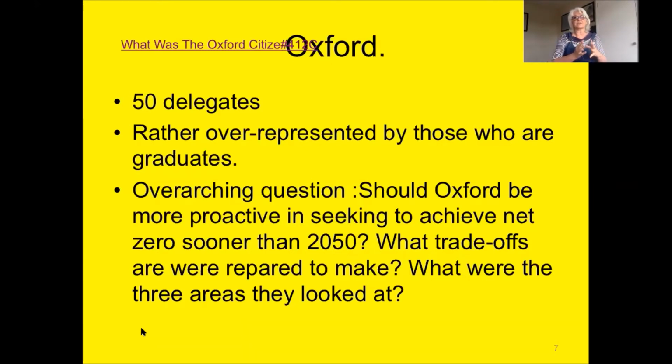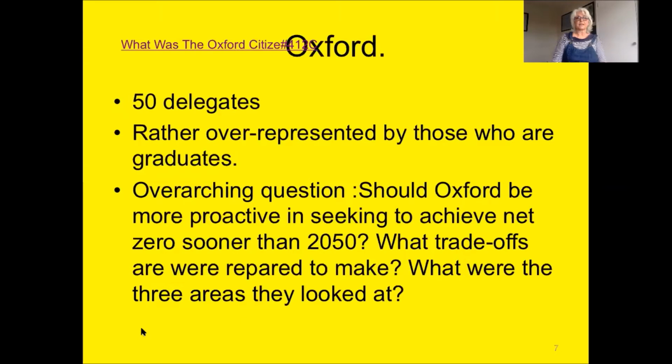That was a given. On the question of achieving net zero emissions sooner than 2050, 90% said that Oxford needed to be moving more quickly, and 75% supported radical outcomes.